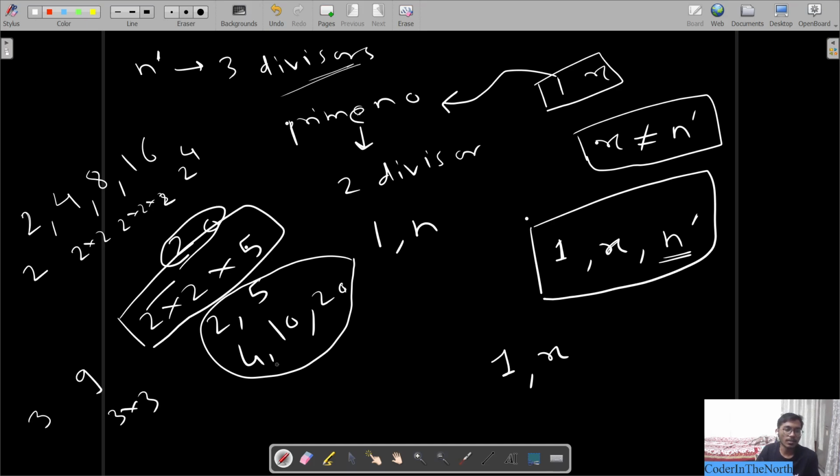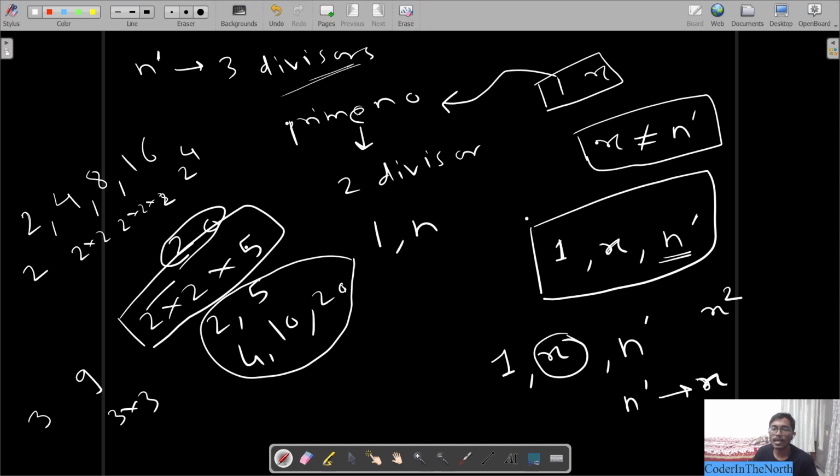So what we know is that x is the only other divisor of n dash except n dash and 1 itself. By the basic concepts of number theory, we can create n dash only from x. So what is the first number which x can create?